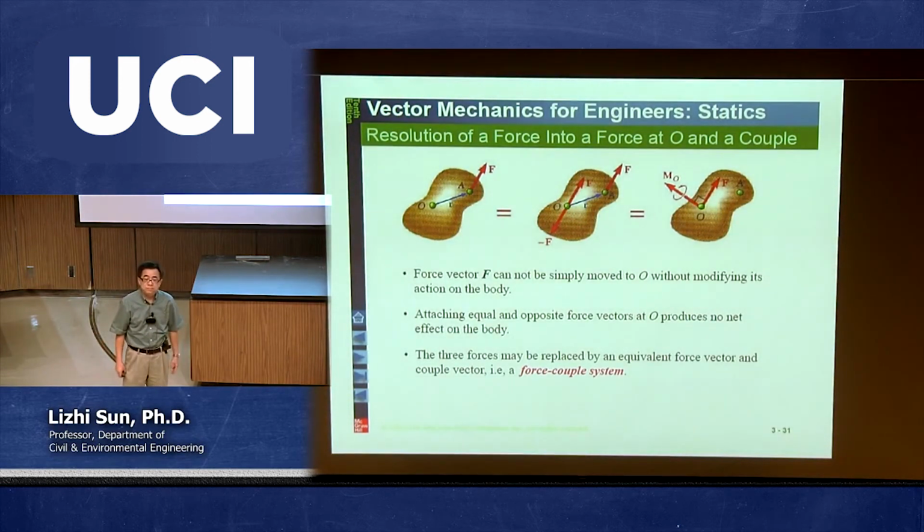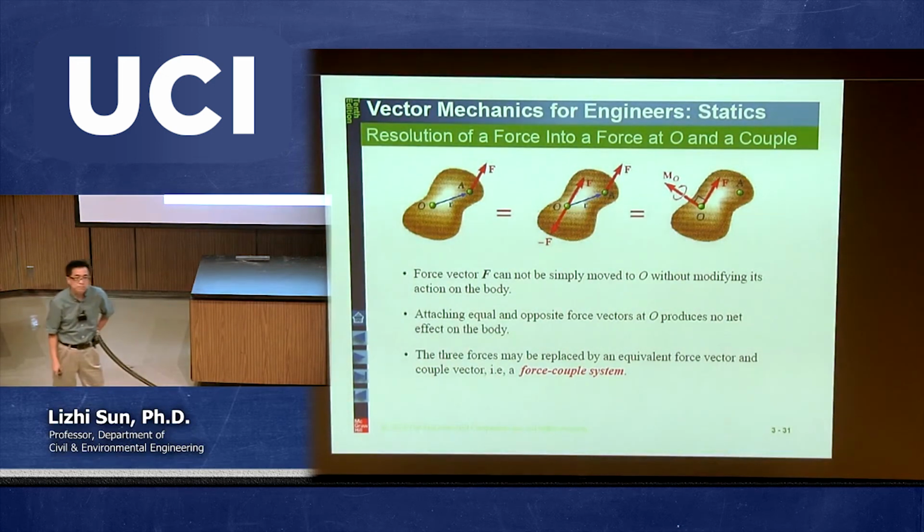The answer is yes, but it's no use. We want to end up with something useful, so we add two forces, same magnitude, opposite direction, with their lines of action parallel to the original force as well. This is obviously equivalent, because you basically add two forces that cancel each other.